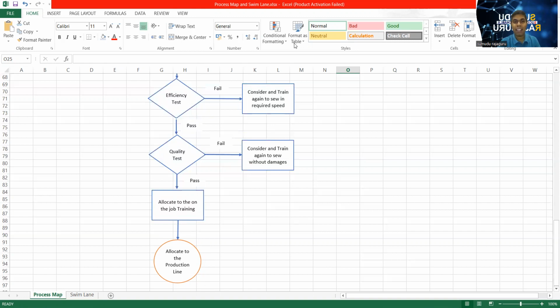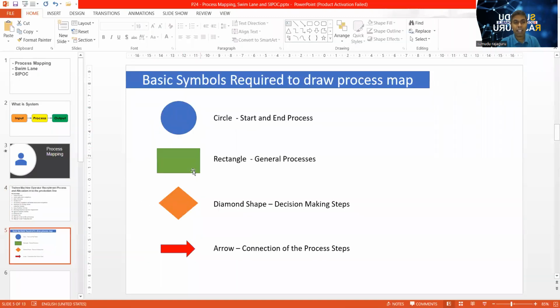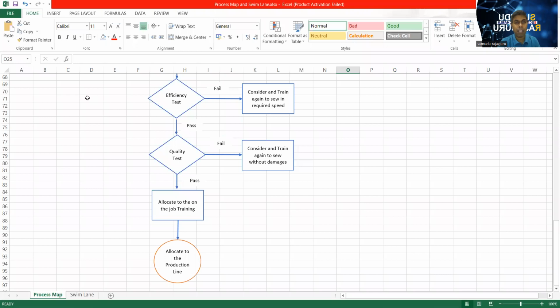Okay, I think that simple process map now you can clearly understand. Okay, we only use circle, rectangle, diamond shape, and arrow. Again, I have to tell, if you want to mention the time, as an example, for the efficiency test, if we want to mention what time period is taken for the efficiency test, then we can use another symbol.